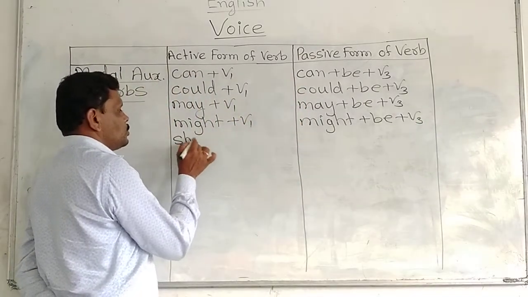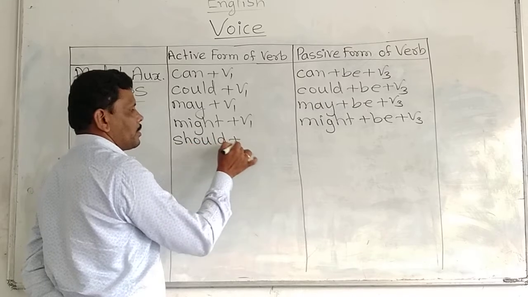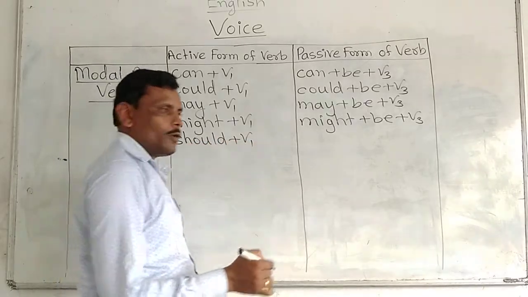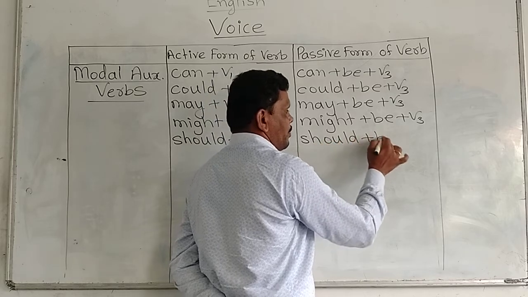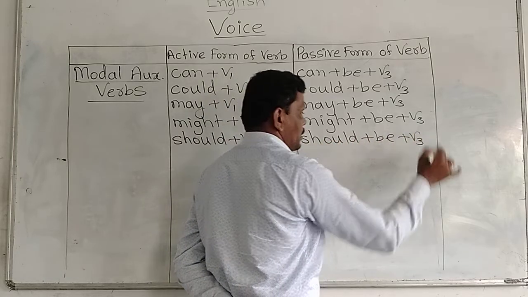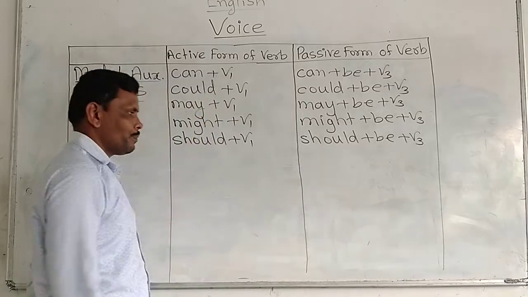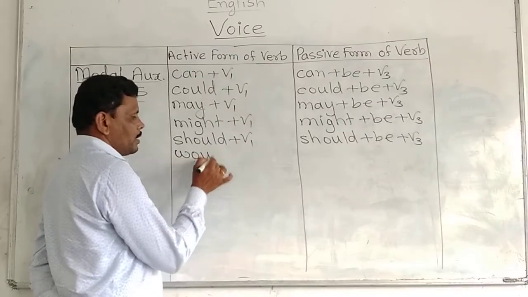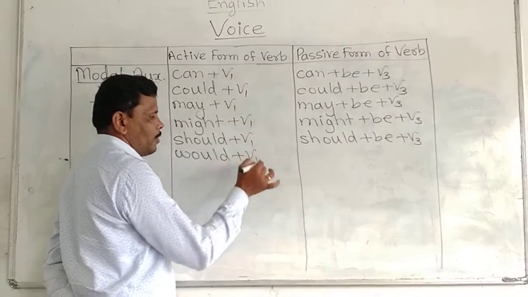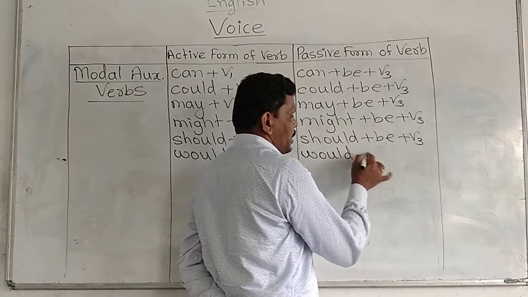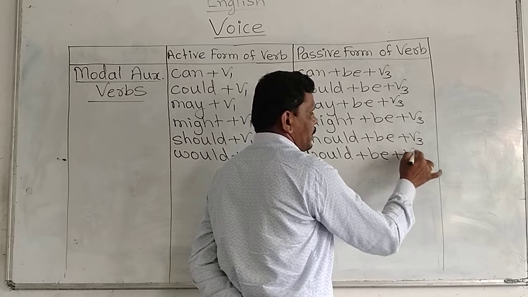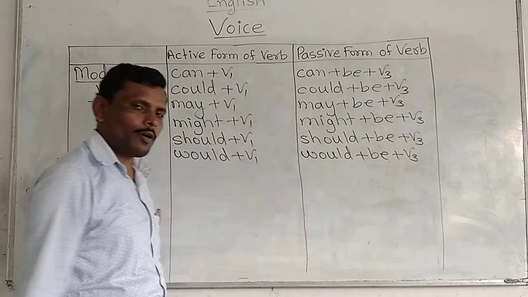Should plus V1 is active form, should plus be plus V3 is passive form. Would plus V1 is active form and would plus be plus V3 is passive form, right?